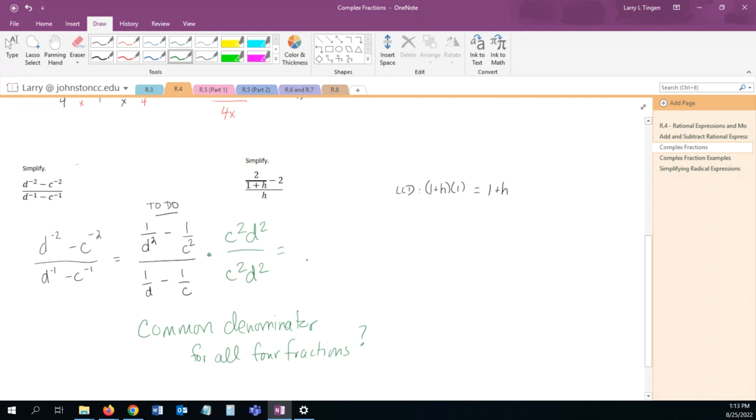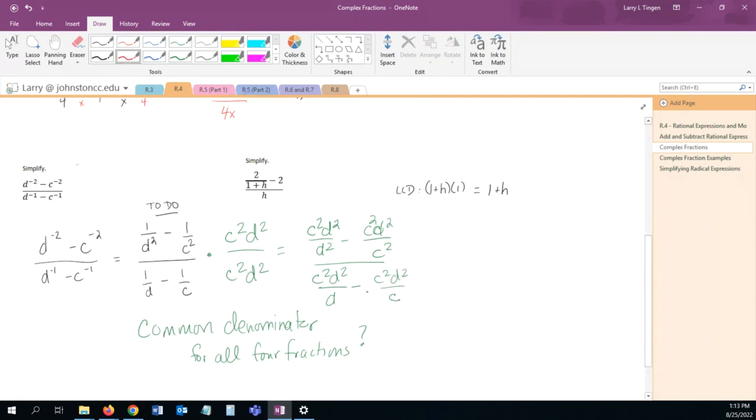When I distribute this, I'm going to do this out one time, and then we will reduce it, just so you see what's going on. c squared d squared over d squared minus c squared d squared over c squared, over c squared d squared over d minus c squared d squared over c.